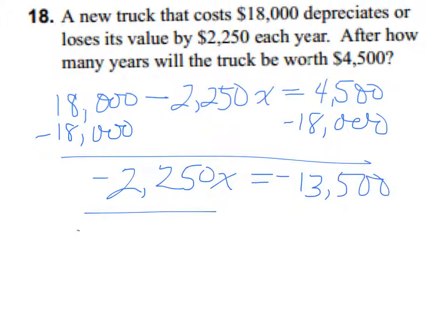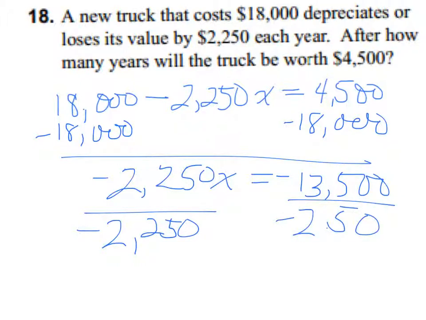And then I just need to, I'm going to use a calculator. These are big numbers. Negative 2,250 on both sides. Divide. I lost a 2. There it is, found it. Okay, and so my calculator says that x equals 6.